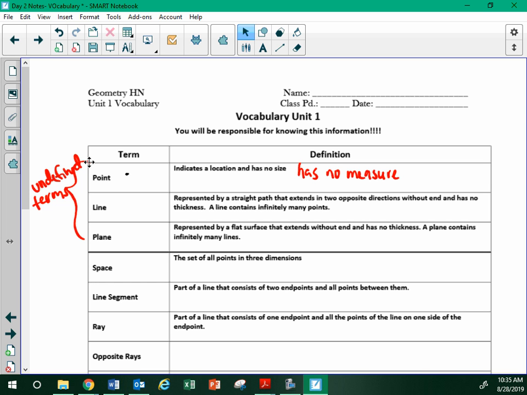Now let's string a bunch of points together, and we have a line. A line is represented by a straight path, it's got to be straight, that extends in 2 opposite directions without end, so forever. It has no thickness. A line contains infinitely many points. That's not a very straight line. I'll use my line tool so it's a little better.